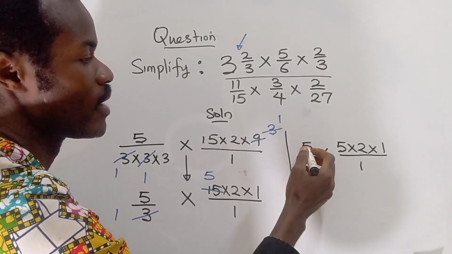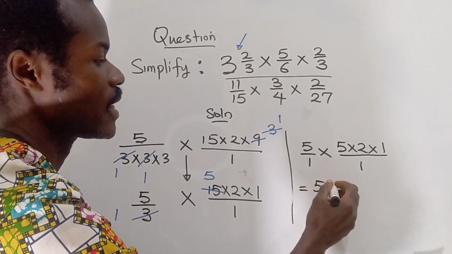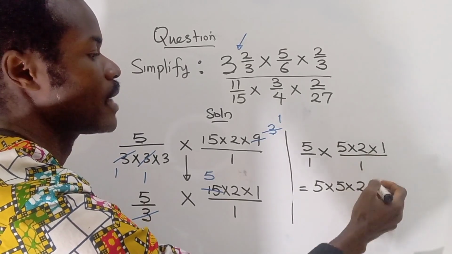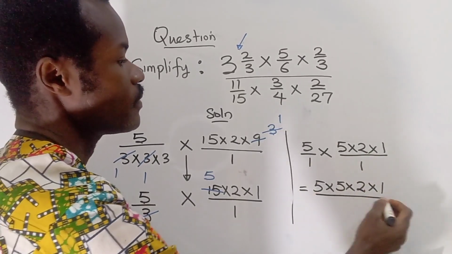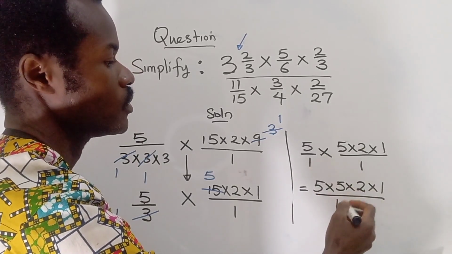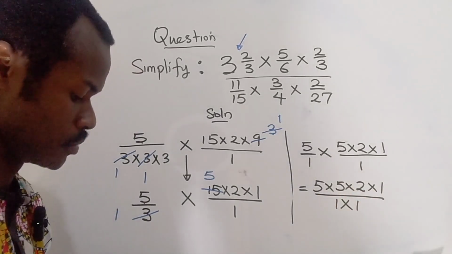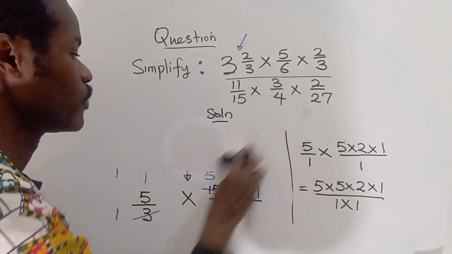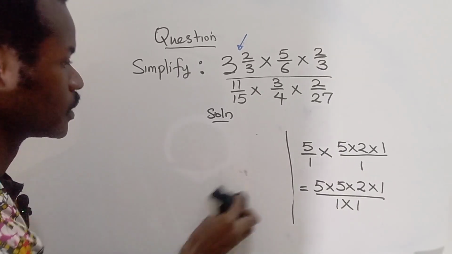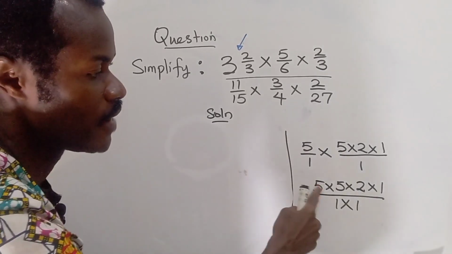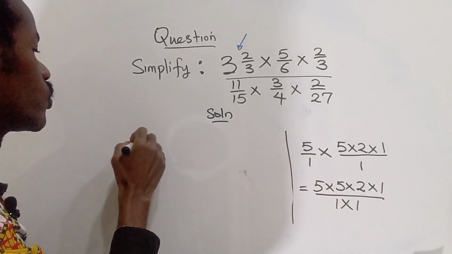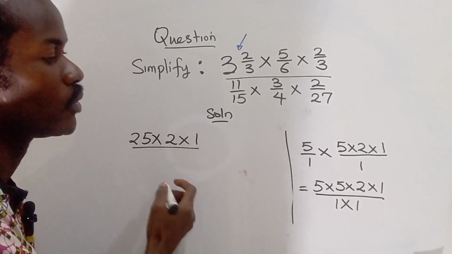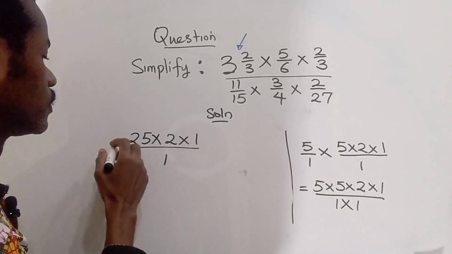So let's do that. We have 5 times 5 times 2 times 1 divided by 1 times 1. With that, we can now get our answer to this simple problem. 5 times 5 is 25, times 2 times 1, divided by 1 times 1, which is 1.